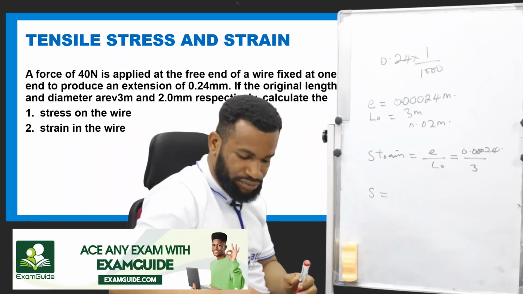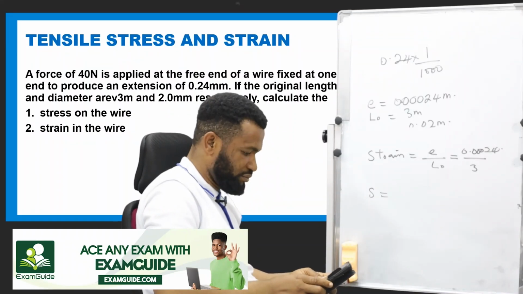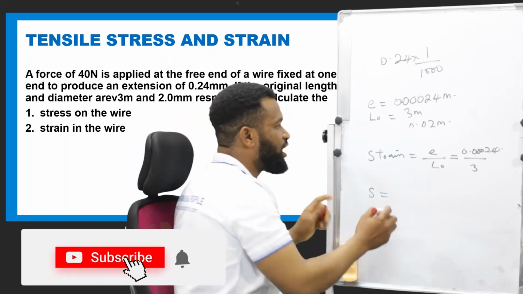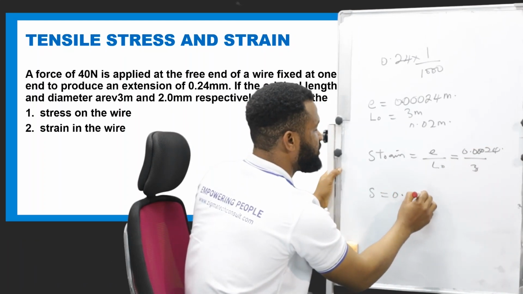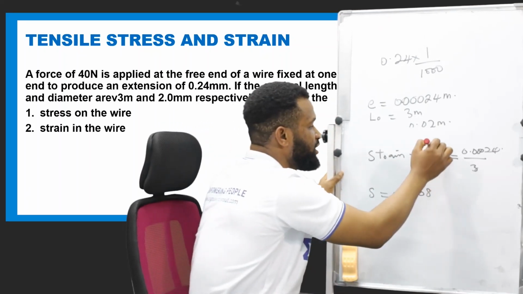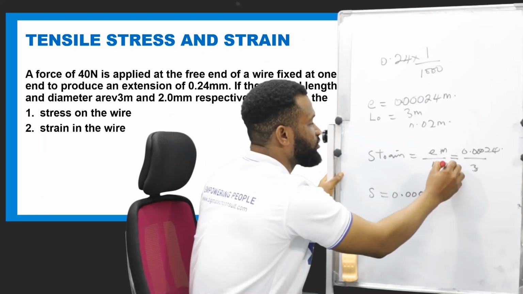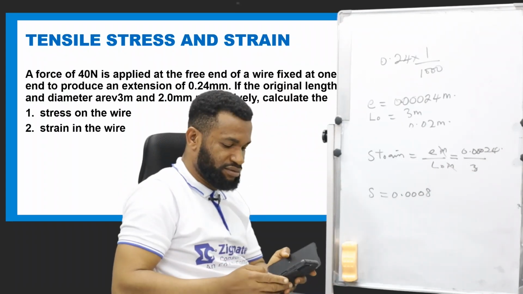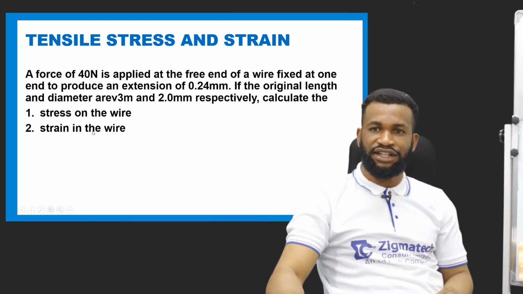When we now simplify, we have 0.0008. In this case, remember that extension is in meter and length is also in meter, so they cancel out. Therefore, the strain is not going to have any unit. So we are going to look at the next question.